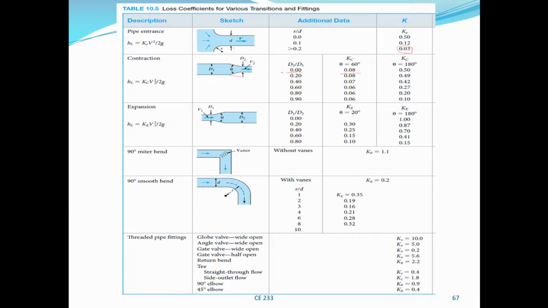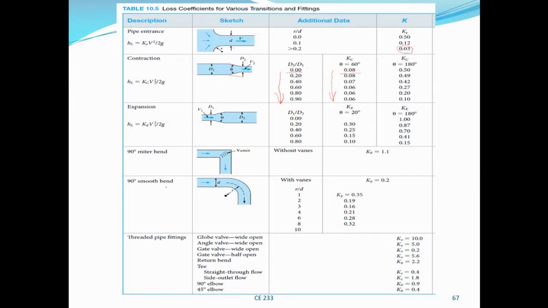The loss increases. Here it decreases because of the increase in the D2 over D, meaning as it becomes smaller and smaller, the energy loss is increasing.